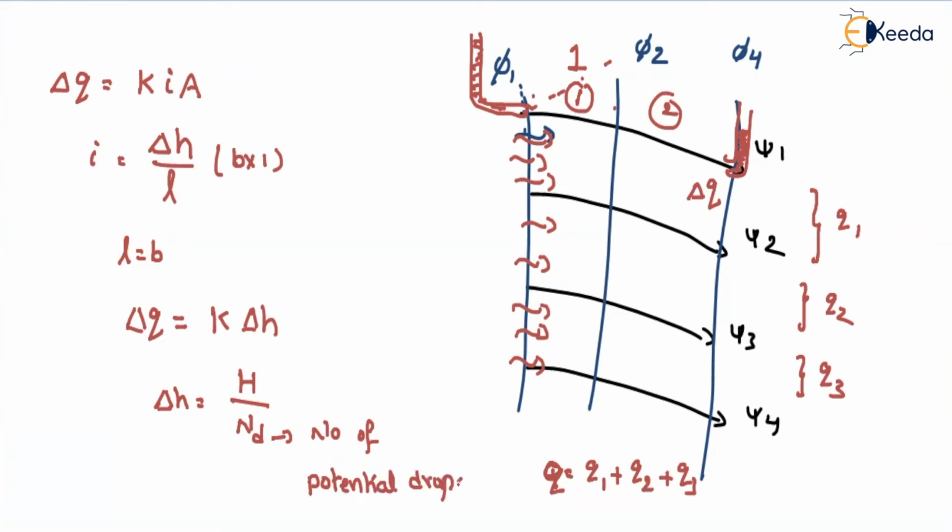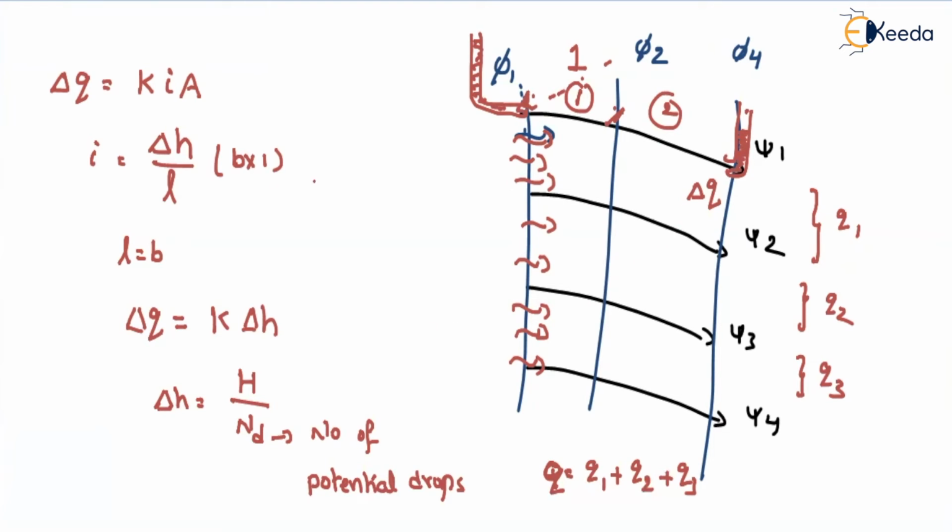That means from here to here one head drop is there, and from here to here another head drop is there, so total 2. But how many equipotential lines? Total 3. So 3 minus 1 gives the number of potential drops.